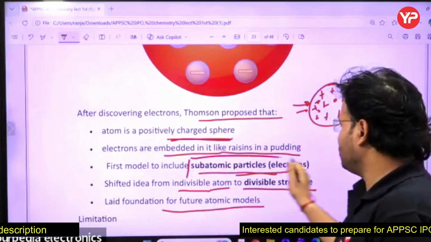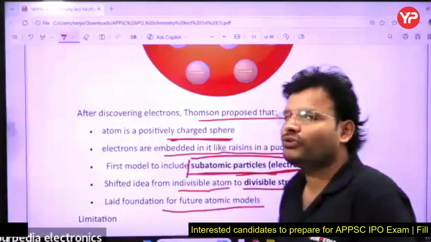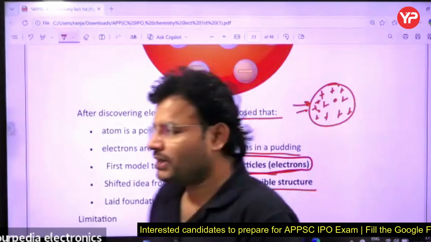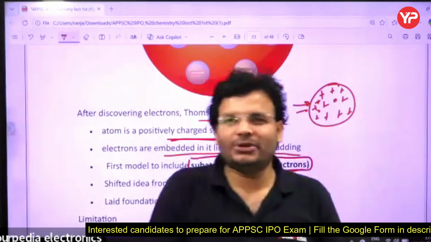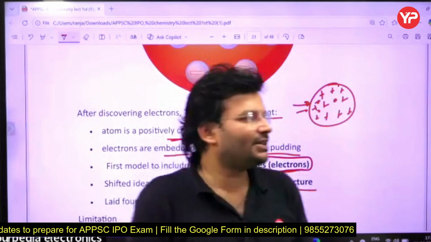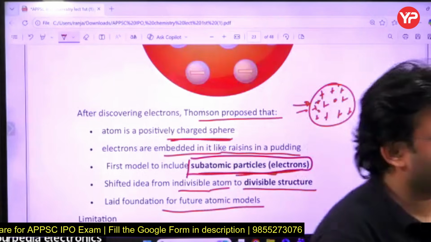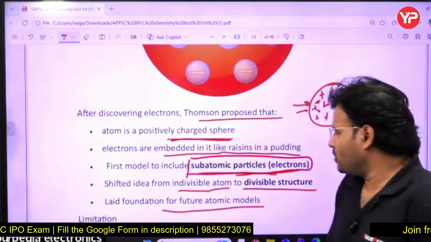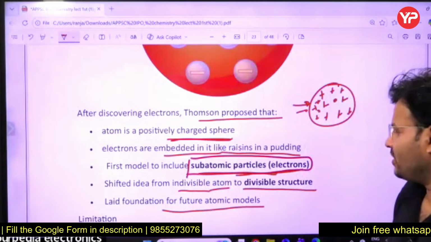You have to remember it, because before that no one had talked about subatomic particles. Everyone was considering that the atom is indivisible and cannot be divided. So for the first time Thomson talked about subatomic particles through the discovery of electrons.